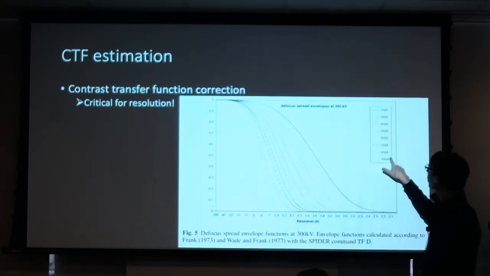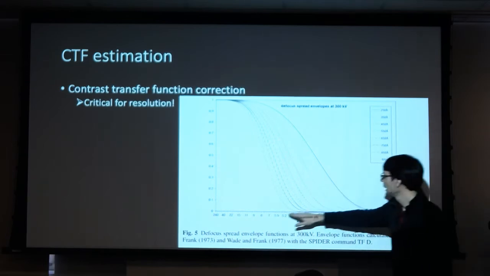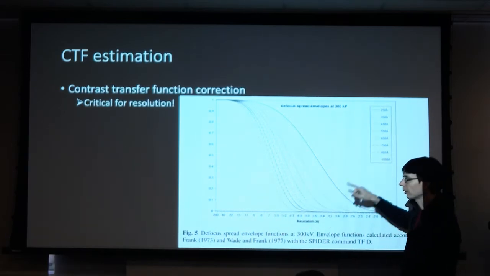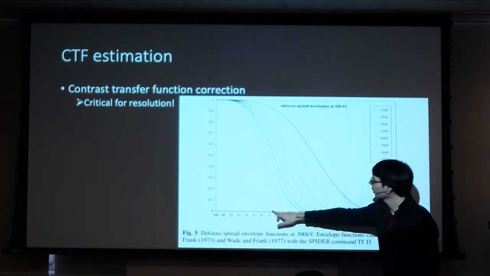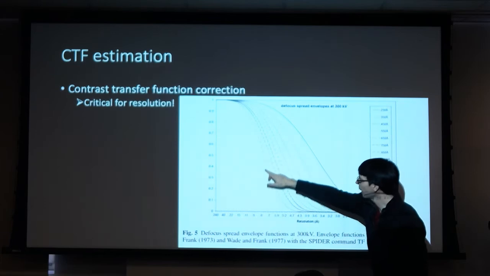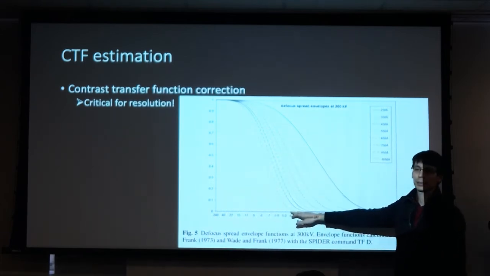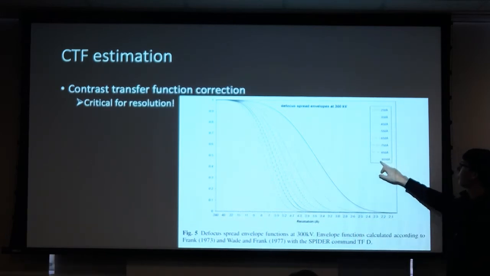So if your accuracy is 1,000 angstrom, which is a micron, it's pretty large. No, it's not a micron, it's 0.1 micron. You're losing basically half of your data at 8 angstrom, and you almost have no data left at 5 angstrom. So that's what you get if this is your accuracy.